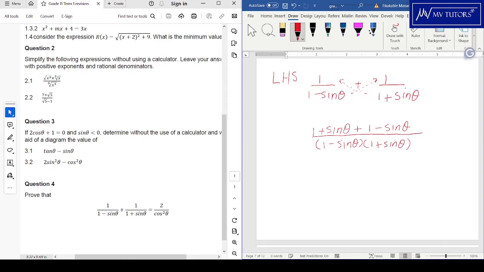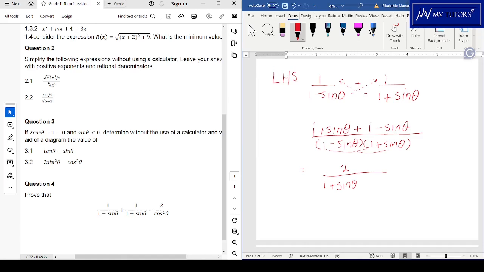Okay, so let's see what happens when we combine these. That 1 plus 1 gives me a 2. That plus sine theta minus sine theta, that's a 0, so I don't have to write that. But the bottom, we have to multiply it out. 1 times 1 will give me 1. 1 times sine theta will give me plus sine theta.